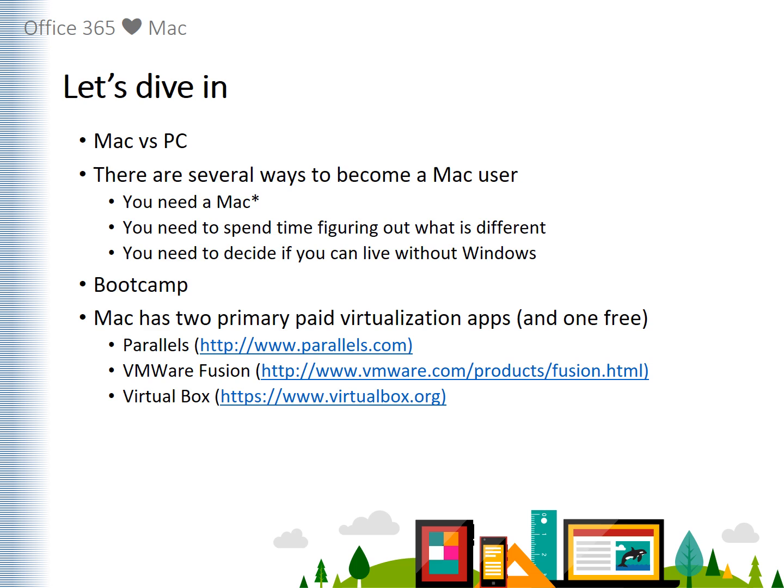Some type of Mac computer is required to actually run the Mac OS. You may need to spend some time just getting comfortable with what's different, the dock concept and the menus from the top and the Finder, which is their version of Explorer, and your file system and your navigation.